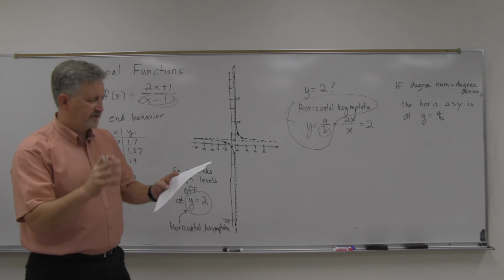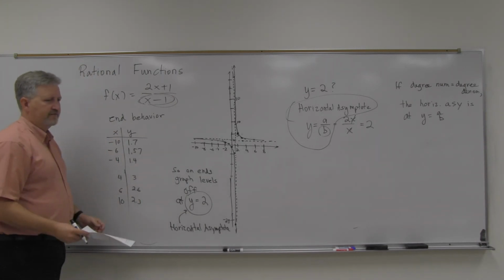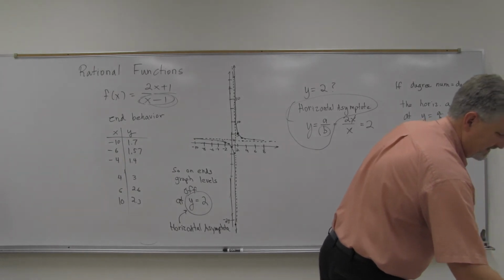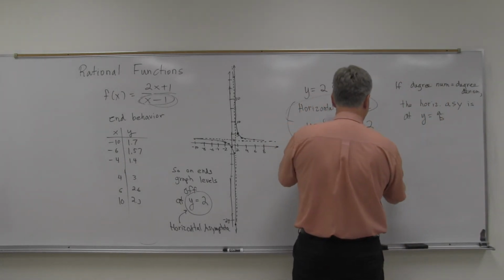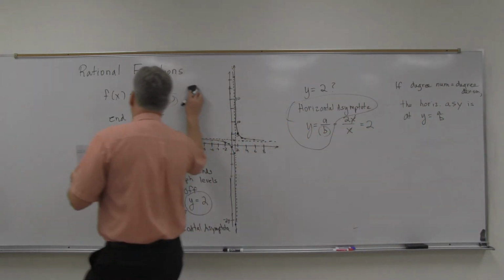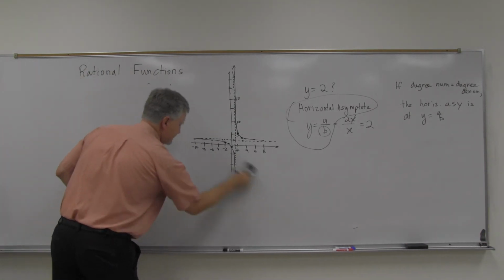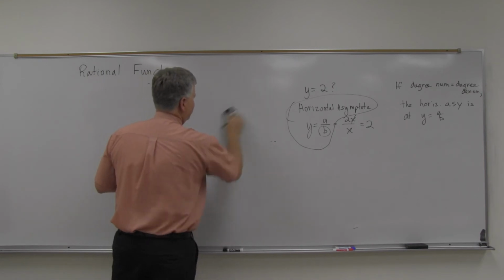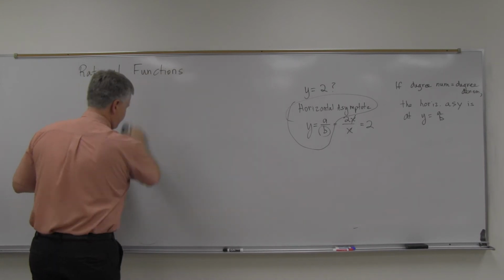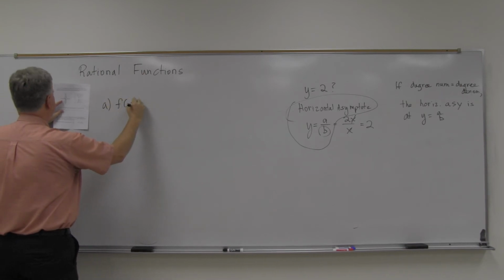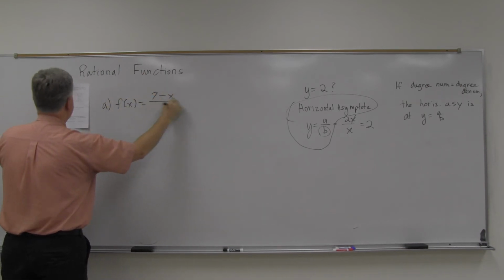Now we can make a little bit of provision for that if we need to. So I've got a and b. Using those two pieces, we'll pick up on this next time.